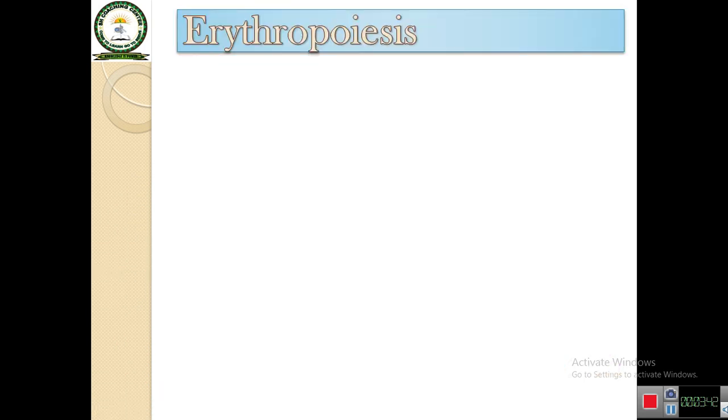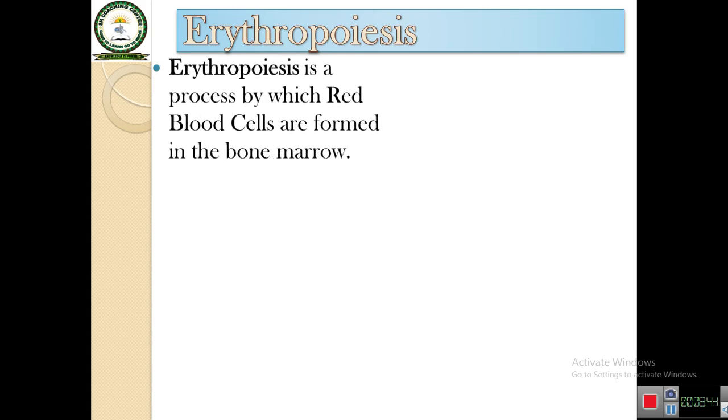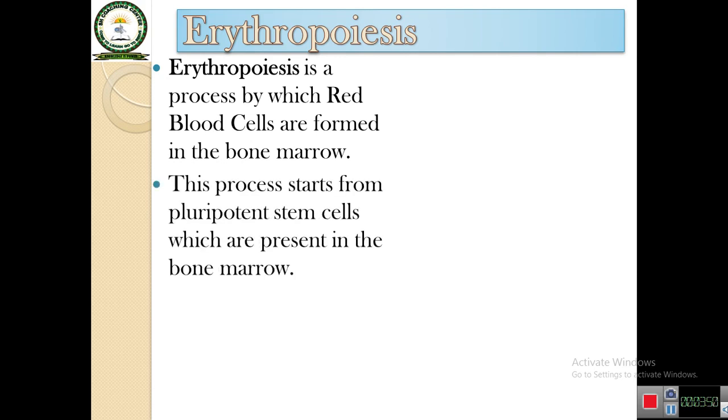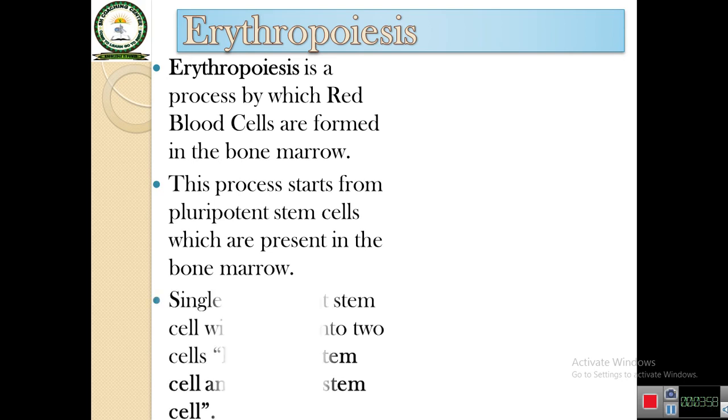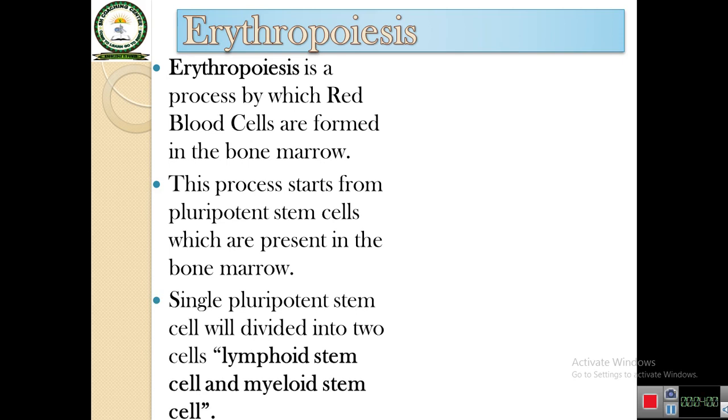What is erythropoiesis? Erythropoiesis is a process by which red blood cells are formed in the bone marrow. This process starts from the pluripotent stem cells present in the bone marrow. A single pluripotent stem cell will divide into two cells, a lymphoid stem cell and a myeloid stem cell.